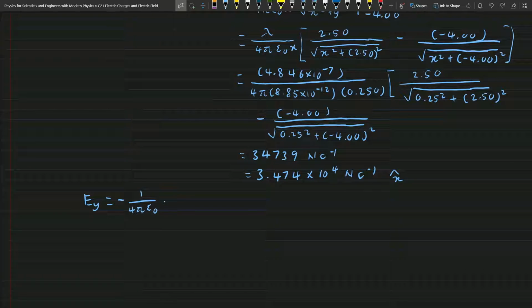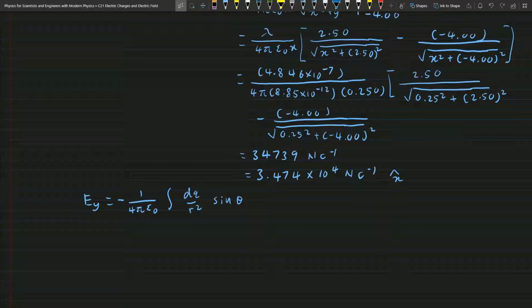It is 1 over 4 pi epsilon naught, and this integral is dq over r squared times sine theta. I don't need to go through the same process, so I will directly substitute all the things inside.